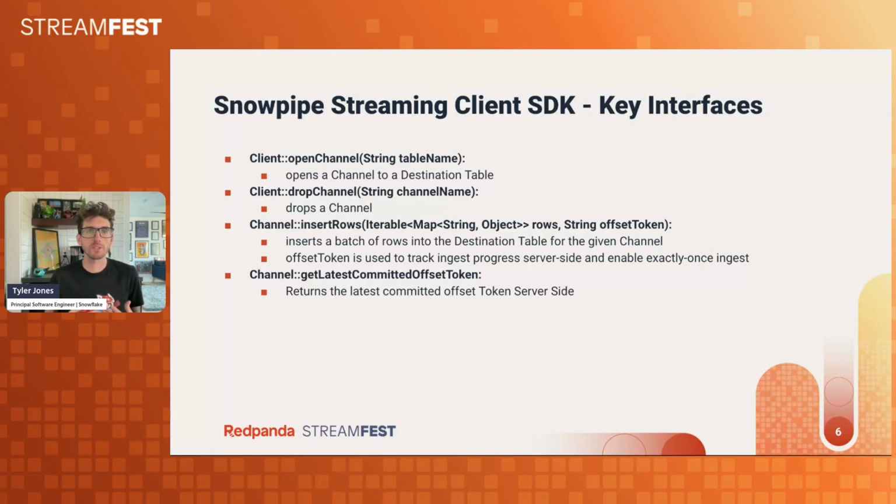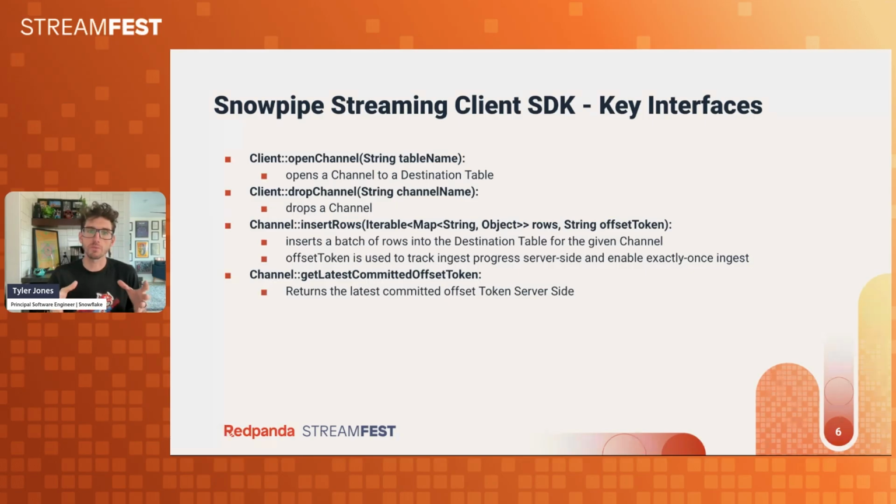The other 2 interfaces that are going to be very important are the insert rows interface, which is done on a per channel level. With this interface, you can present a batch of rows that you want to stream into a Snowflake table. And for a given batch of rows, you can provide an offset token.